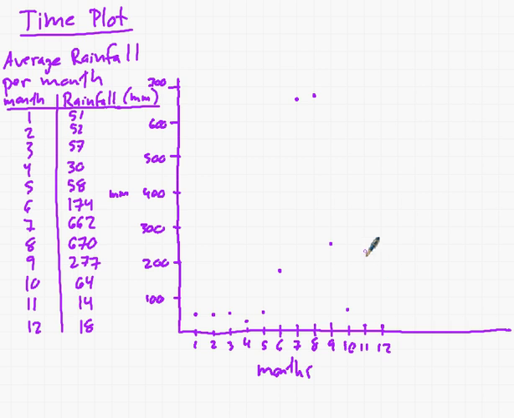So here I've plotted all the points, and then on the time plot what you end up doing is connecting them like this, and you get a nice display of how things have changed over time.